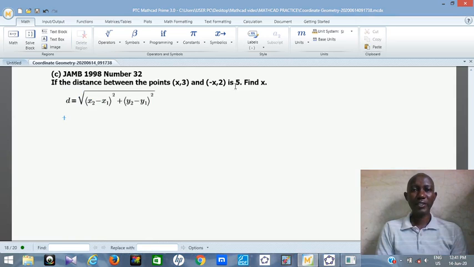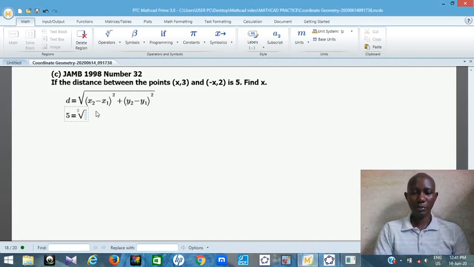And now distance is given. They said the distance is 5. Just put your 5 there, which is 5 equals the square root. Then you do your subtraction, x2, which is minus x, so minus x minus x is going to be in this bracket, raised to power 2.